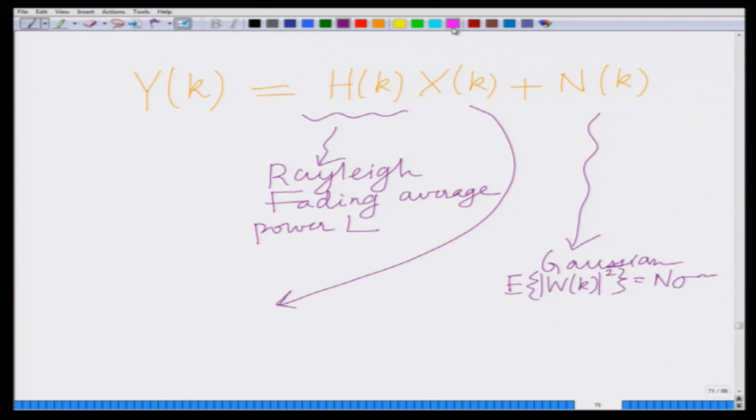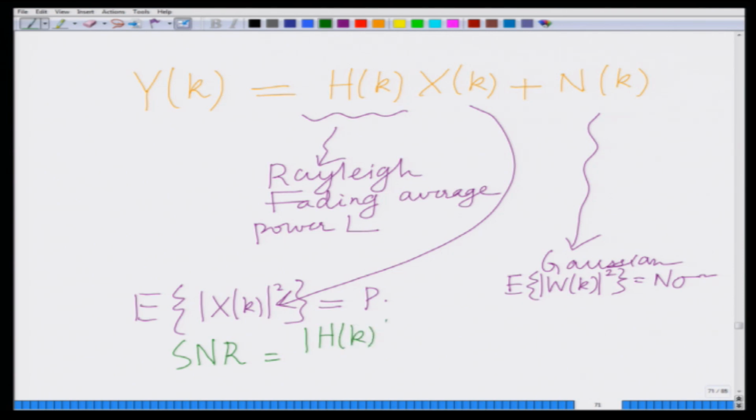Let us assume a power of P, that is magnitude x[k] squared equals P. Therefore, the SNR for this problem equals magnitude H[k] squared P divided by sigma n squared, that is the SNR at the receiver.